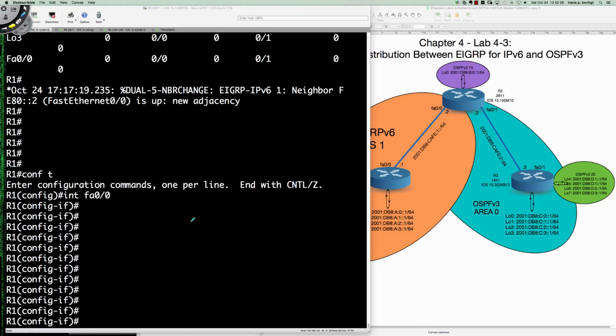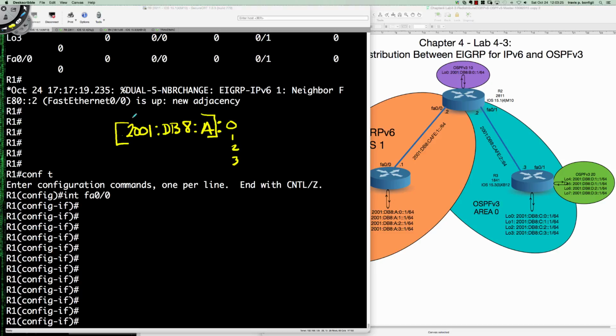So we know we have the 4 loopback addresses. Now we know that the first 3 hextets, and I'll write the first 3 hextets up here. So it's 2001:DB8:A, and then we have 0, 1, 2, and 3. So the first 48 bits, right?